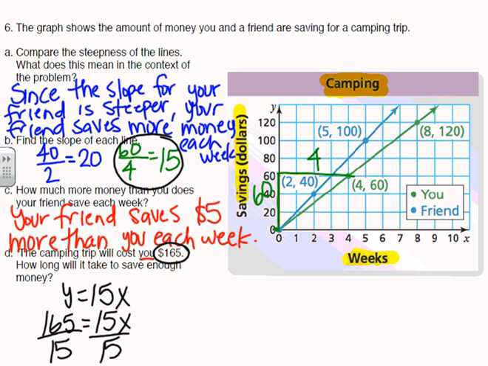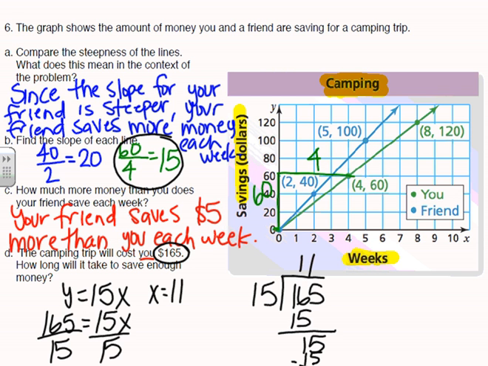Okay, so 165 divided by 15, that goes in one time, and then that goes in one time again with no remainder. Okay, so that means that x equals 11, and it says how long will it take? So we will say 11 weeks.